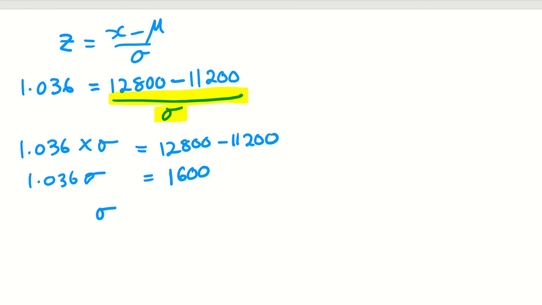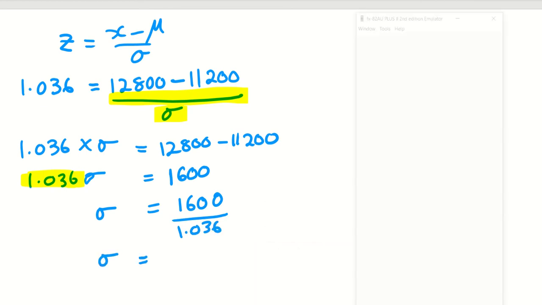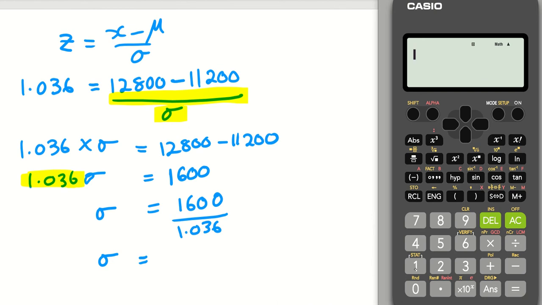Now I'm going to find the standard deviation. I want to remove the 1.036, and the opposite of multiplying is dividing. So 1,600 divided by 1.036 gives me 1544.4.